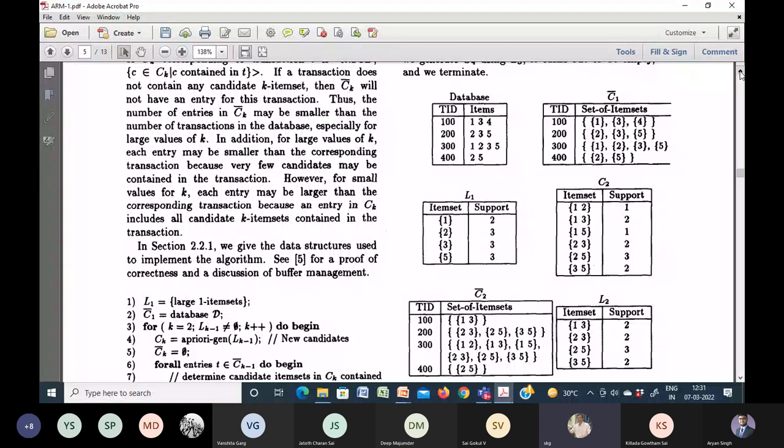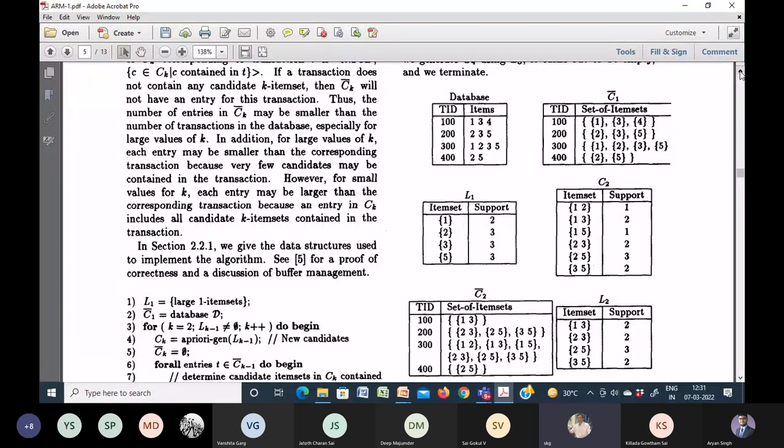C1 bar is associated with the transaction IDs. If I have a one-item set C1, that means k equal to 1, then with the TIDs we have the items 1, 3, 4, then 2, 3, 5, then 1, 2, 3, 5, and 2, 5.